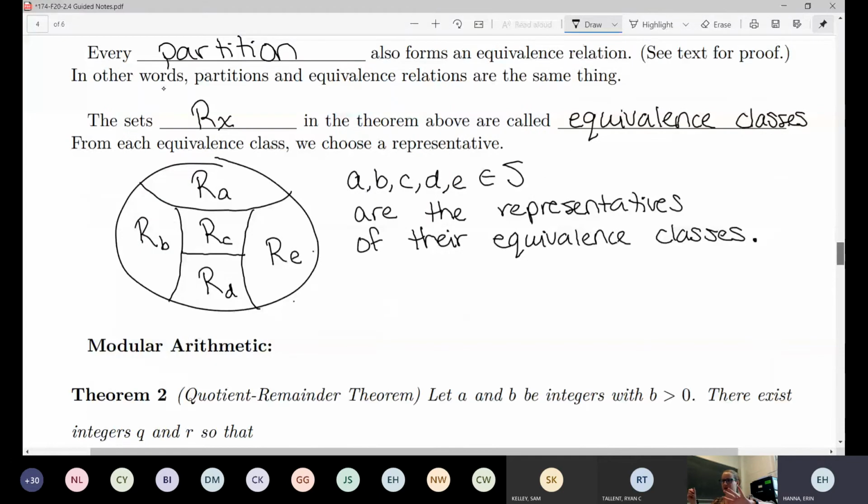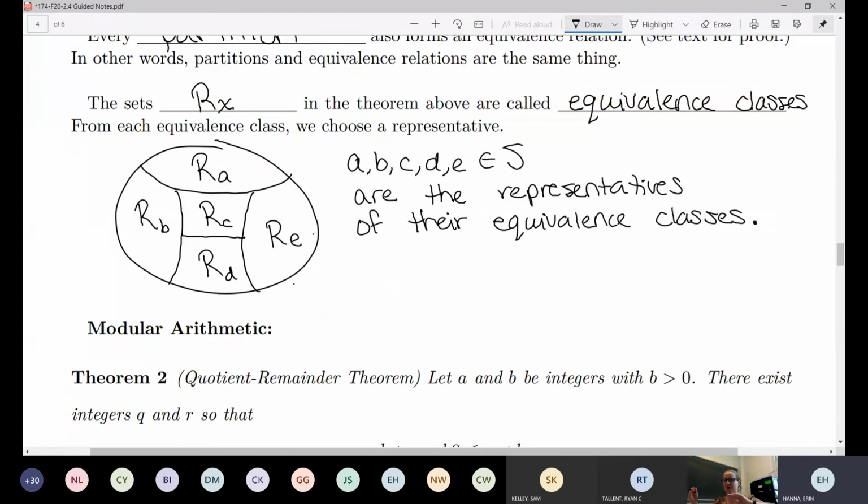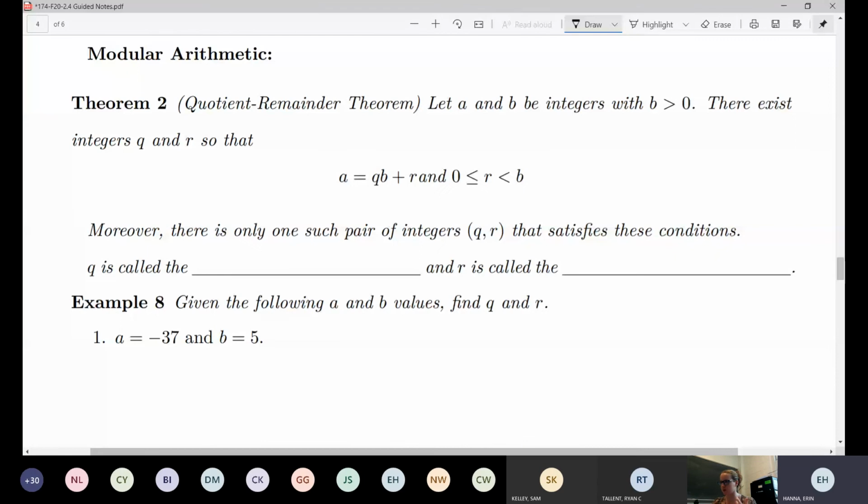But before we can talk about that, we need to talk about what modding and modular arithmetic actually is. So we need to build up this idea of modular arithmetic before we can talk about that equivalence relation. So we'll talk about that first, which is why I don't think we'll get to that example today. But anyway, so, theorem, which is called the quotient remainder theorem.